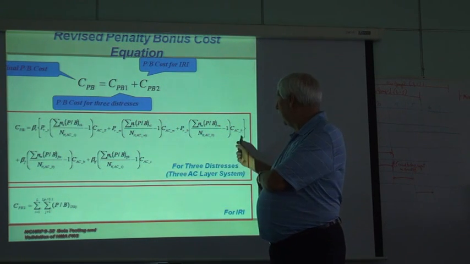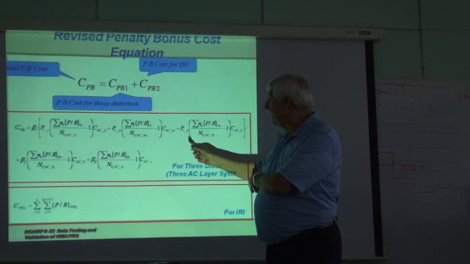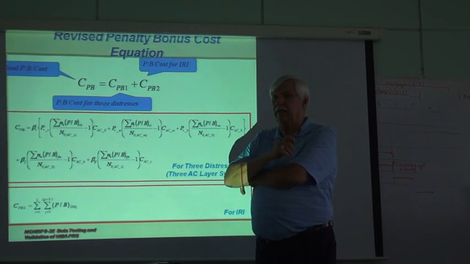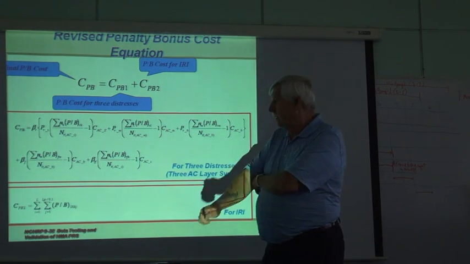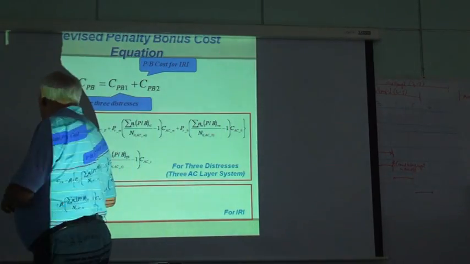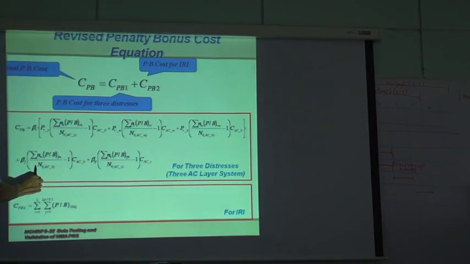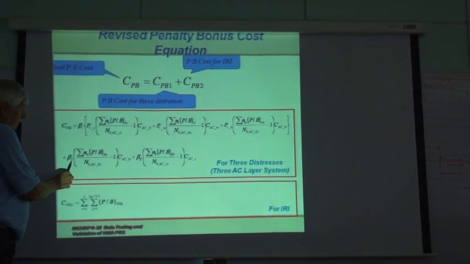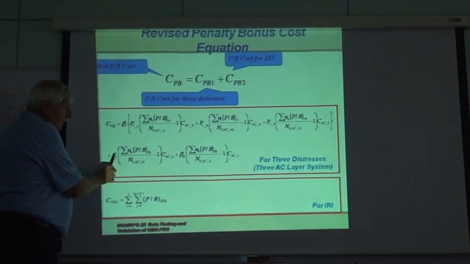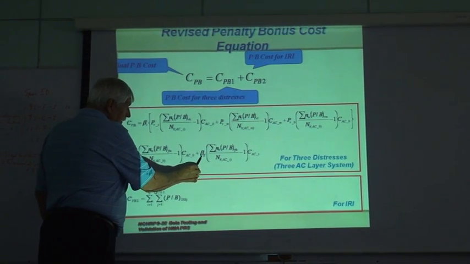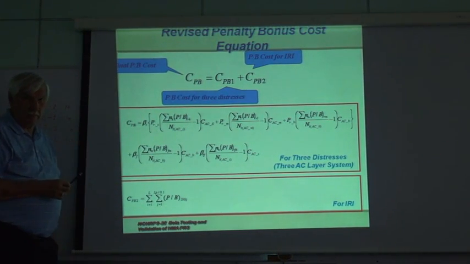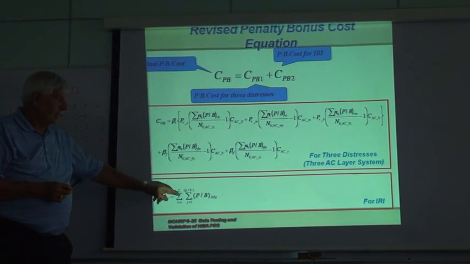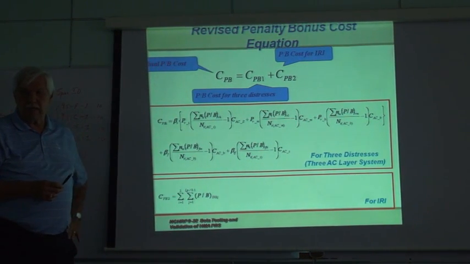I also want you to notice that what we have here are associated with rutting distress. If I cross the border here, this part is associated with F, which stands for fatigue cracking. This stands for T sub F, it's thermal fracture. This part over here, if you can't see it, is basically for IRI.